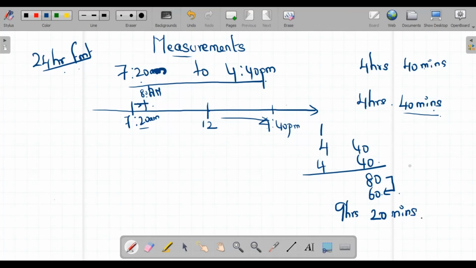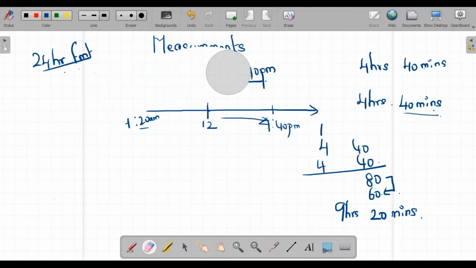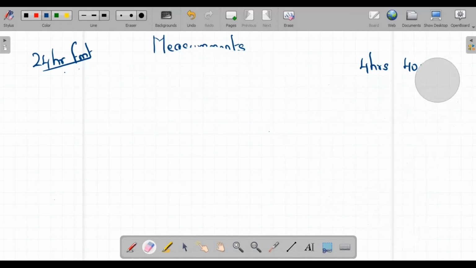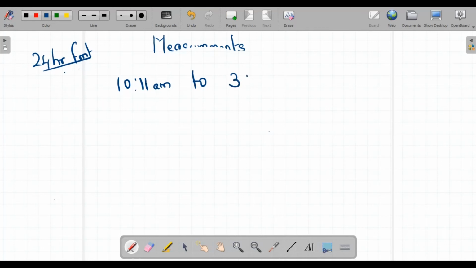Okay. So let us do another small problem just to be clear that we have got this right. Let's check what is the time duration between, for example, 10:11 a.m. to 3:16 p.m. Okay, this is the time and I want to find out how many hours and minutes have passed between these two.